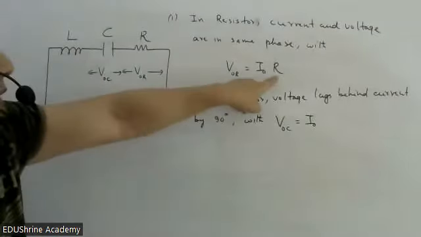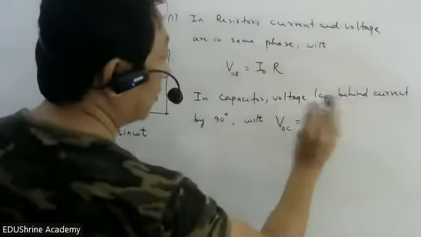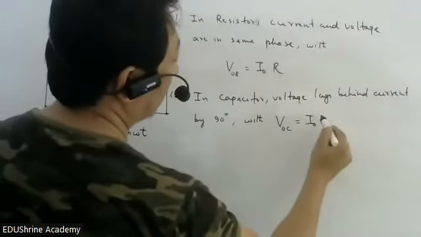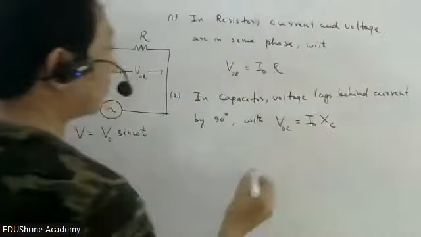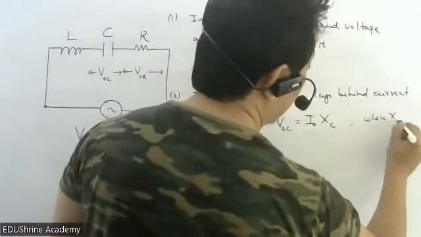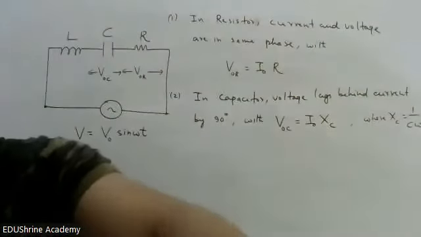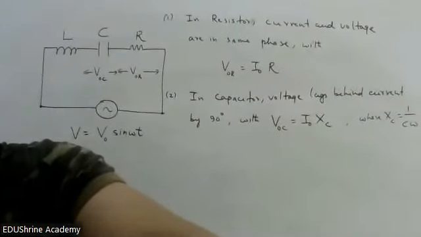Who plays the role of R in capacitor? XC. But remember, XC has a formula 1 by C omega, because XC is dependent on frequency.